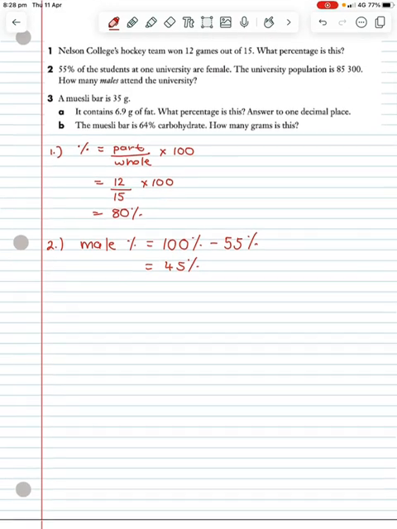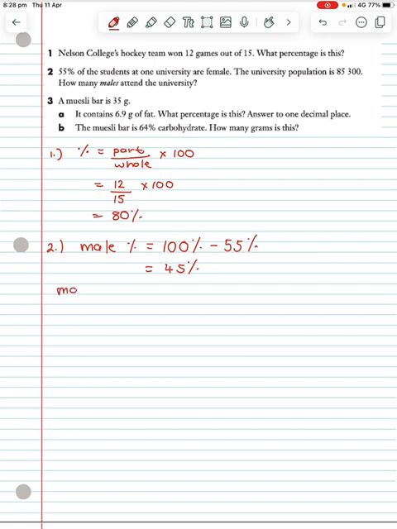So, male population. There are a few different ways we can do this, so I'll show you both ways. Male population, method 1: take our 85,300 and divide that by 100. That gives me 1%. I'm then going to multiply it by 45.